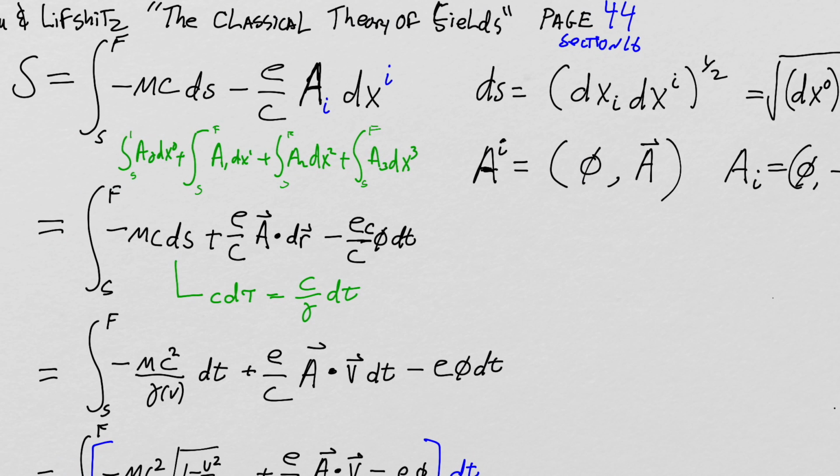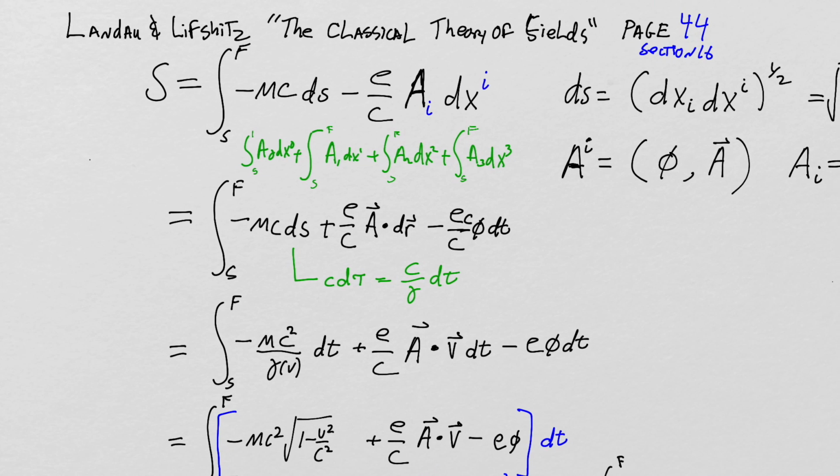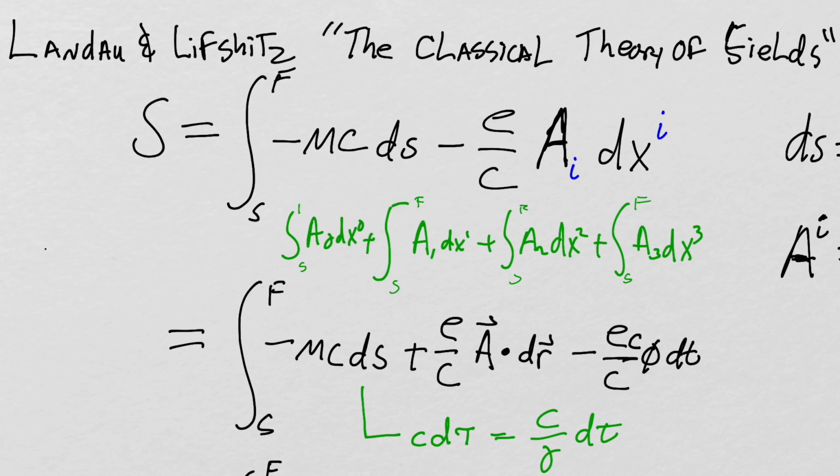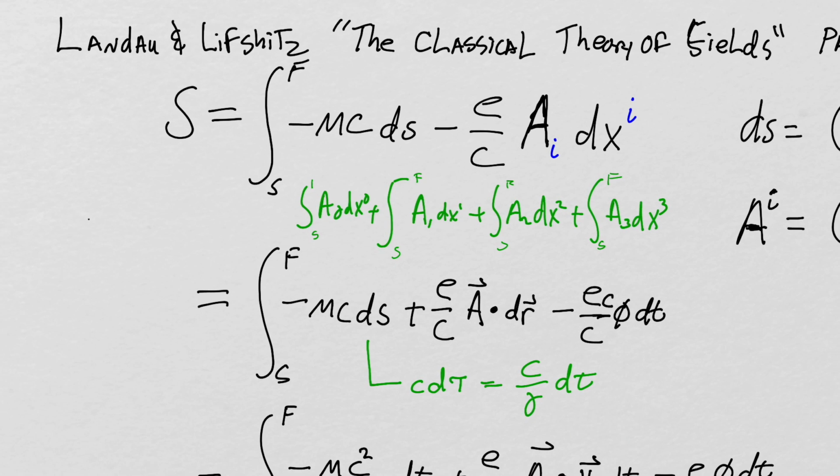So what do we do? Well, we have this vector field A. Now notice this time I've got e over c. Before, in the last lesson, I bragged about how I don't like to throw units in at the beginning. This time I'm going to, first of all because Landau and Lifshitz does this too, but also because we do know where the answer is in this case. We've just worked through the problem.